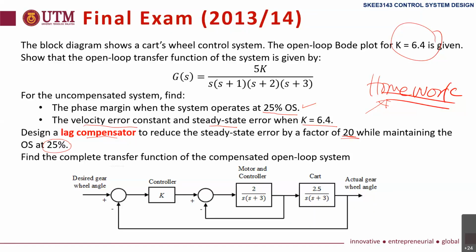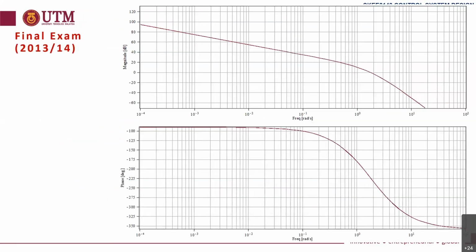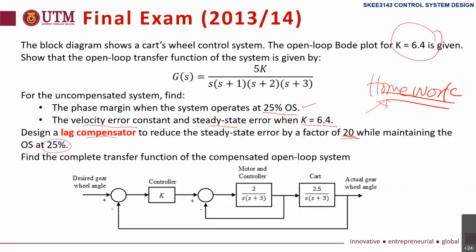I just asked you to print this one. This is the Bode plot. The block diagram here shows a control system with K equal to 6.4.